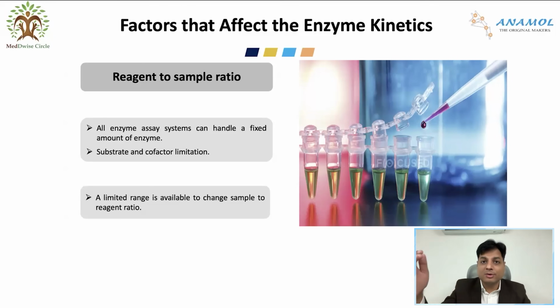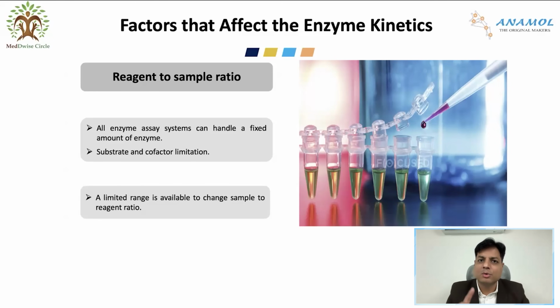So when the working solution is reduced by half, we have to make sure that the sample amount we are adding in the reaction mixture also needs to be half. So when we are taking 500 microliter of reaction mixture, we need to take 25 microliter of sample so that the ratio is maintained.